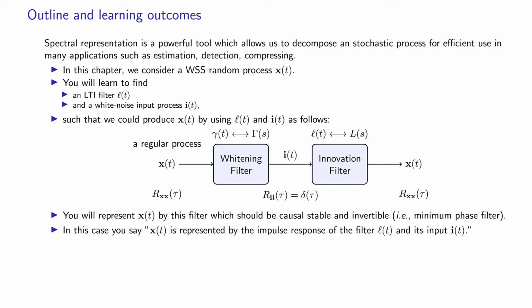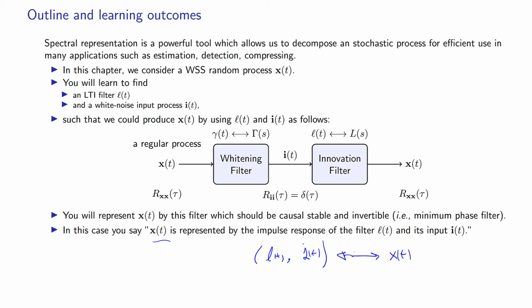So in this case, we say that x of t is represented by the impulse response L of t and I of t. The pair of L of t, which is the innovation filter, and the white noise I of t can produce x of t and vice versa. This is why we call this a representation.